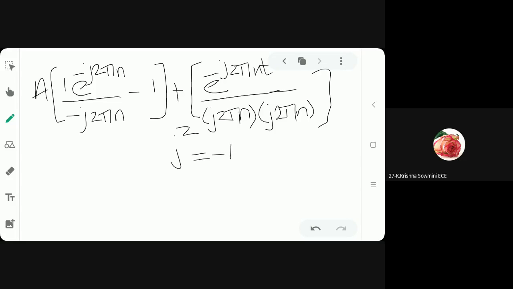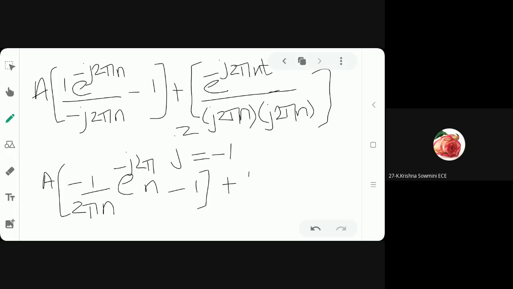Okay. So now what is this expression? A into minus, what is e power? Okay, let me leave it like that. Minus 1 by 2 pi n, e power minus j 2 pi n minus 1, plus 1 by 4 pi square n square.